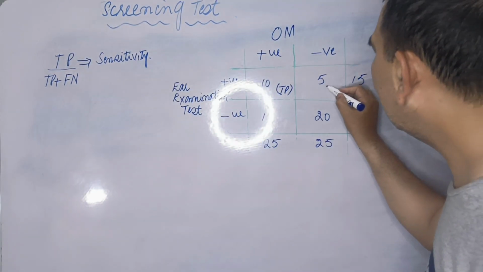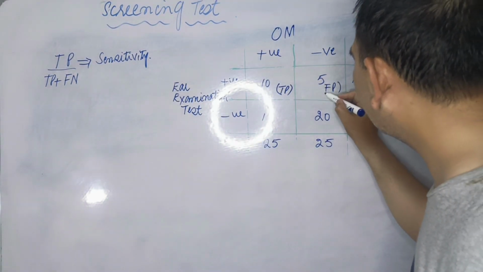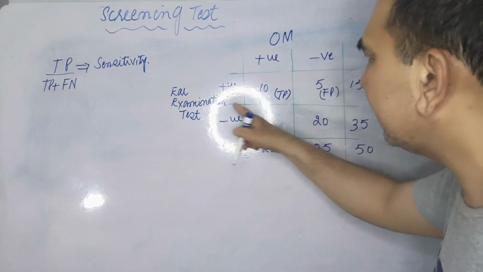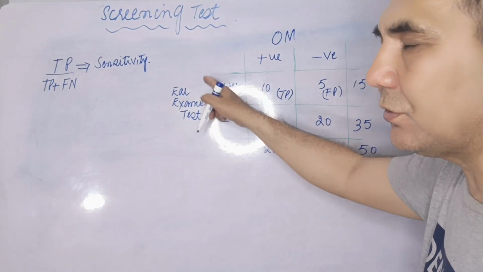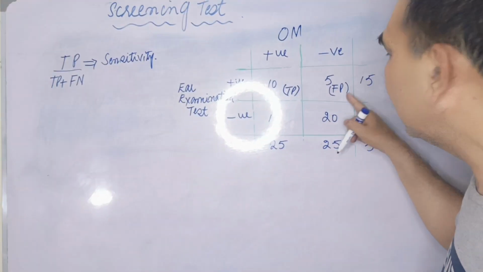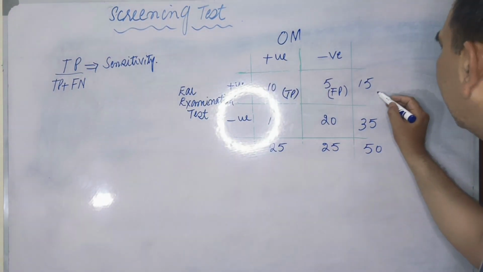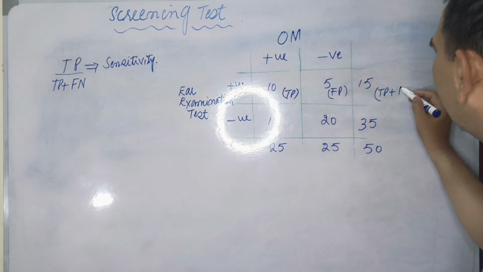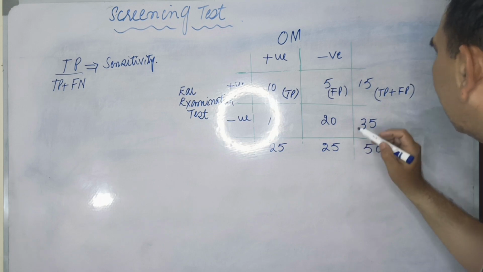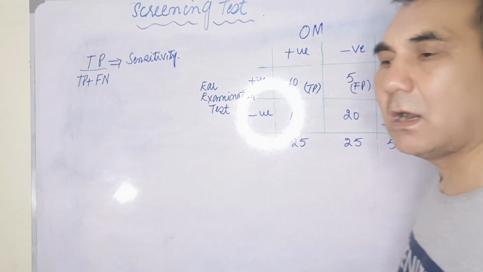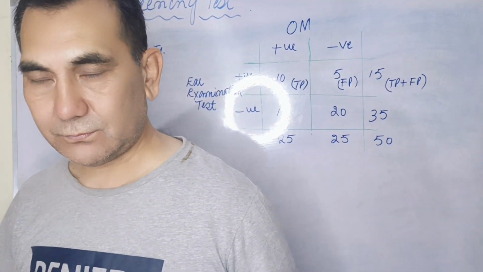So it is called the false positive. The signs and symptoms of the disease are not present, but on the screening it is found to be test positive. So these 15 are the total of true positive and false positive. It is called the total test positive or total screening positive.